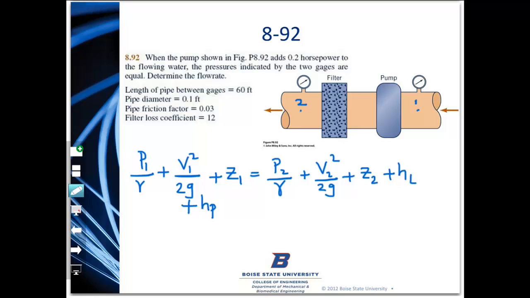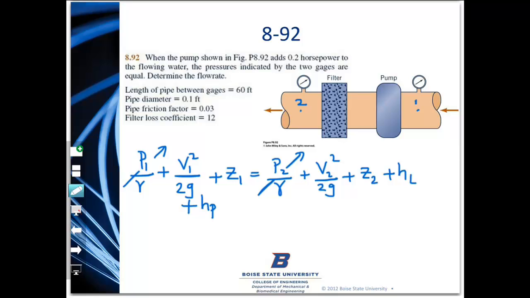Okay, so you can see that P1 over gamma and P2 over gamma cancel out, right? And you'll also find out that the major losses in this particular problem are negligible.